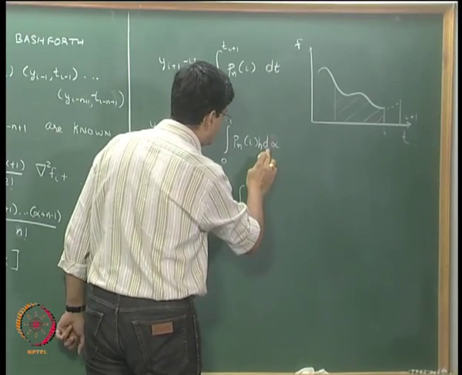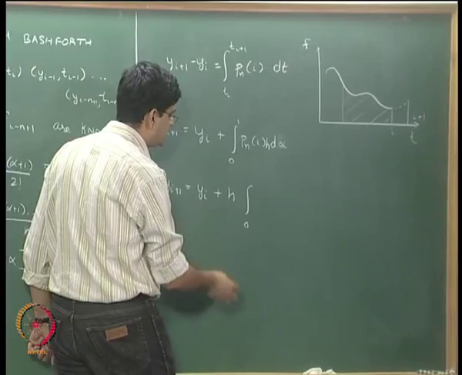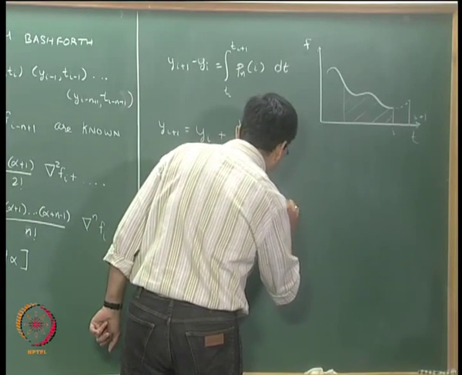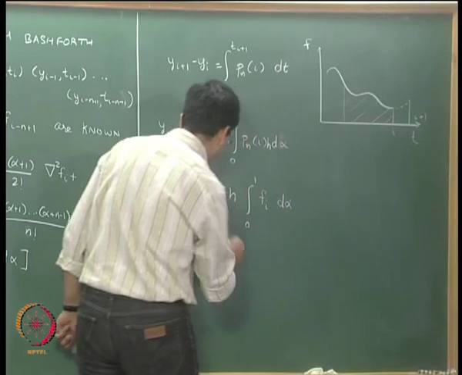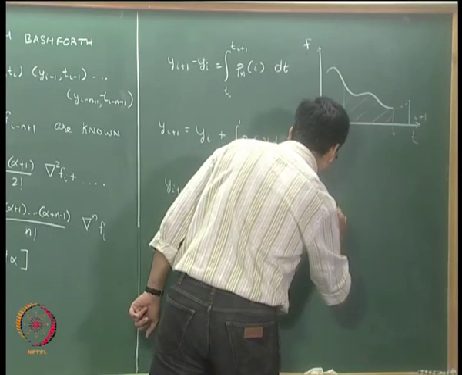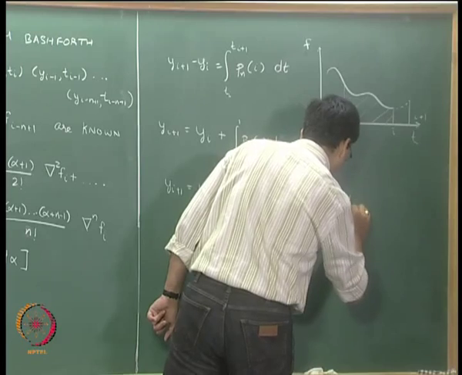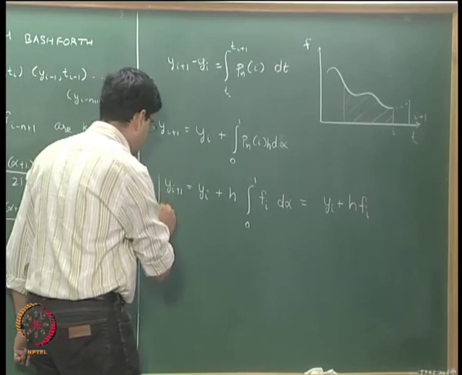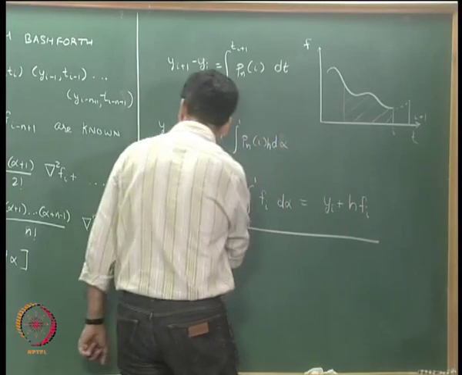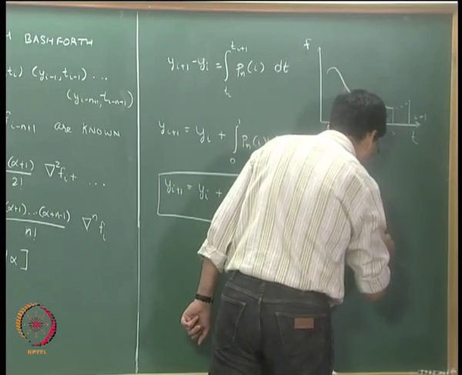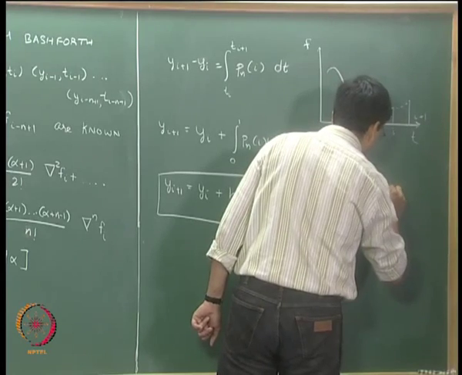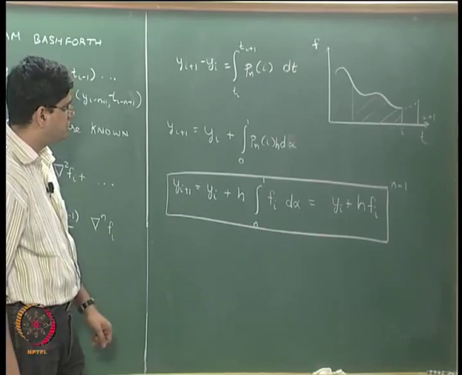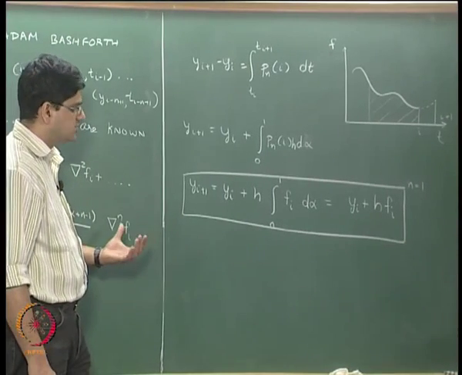When we replace, dt is going to be h d alpha, and that is where this h comes from. From 0 to 1, it is going to be Fi multiplied by d alpha, which is going to lead us to yi plus h times Fi, okay. So, this is going to be our first order Adam-Bashforth method. So, n equal to 1 Adam-Bashforth method is nothing but the Euler's method.